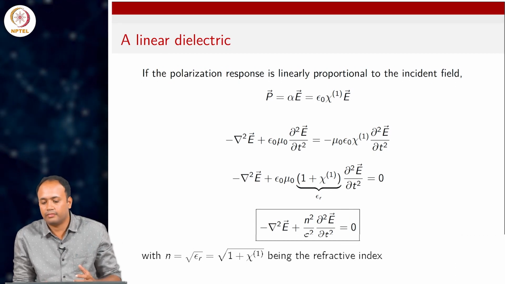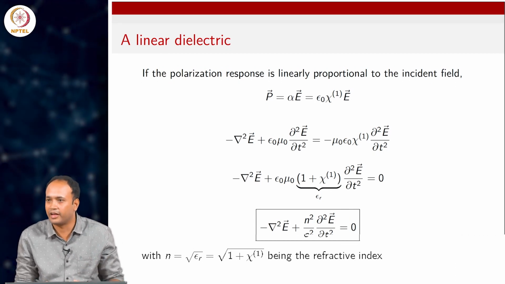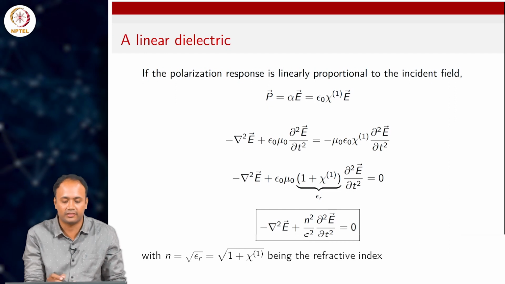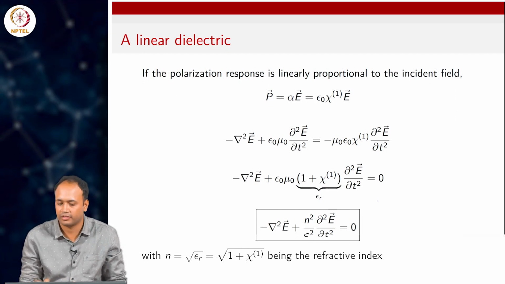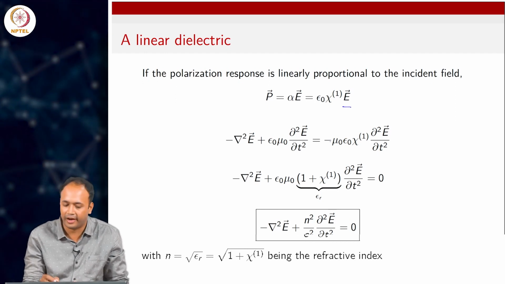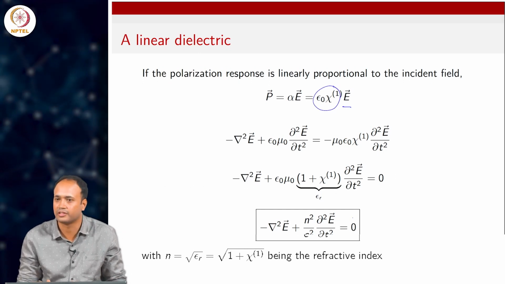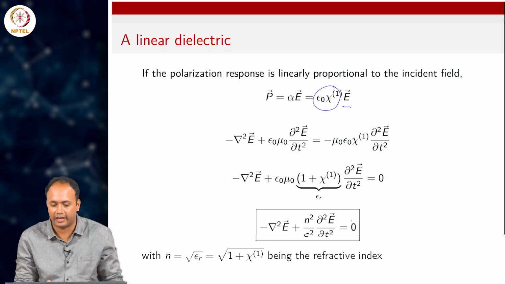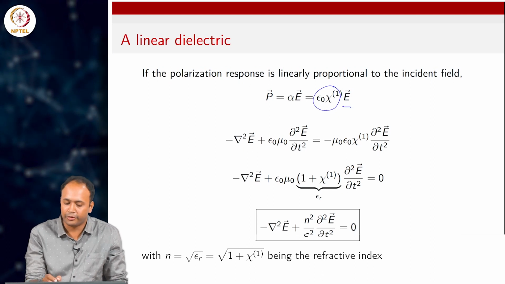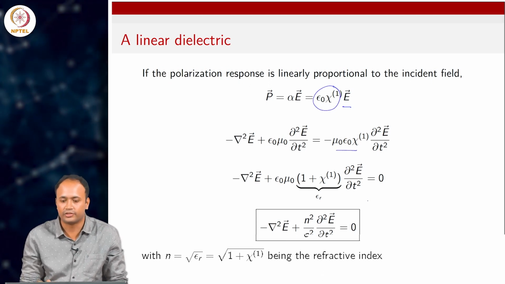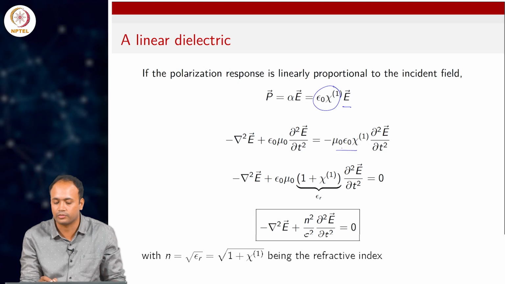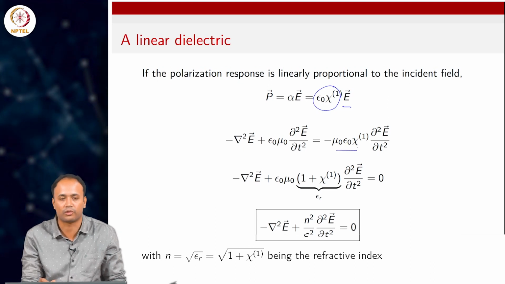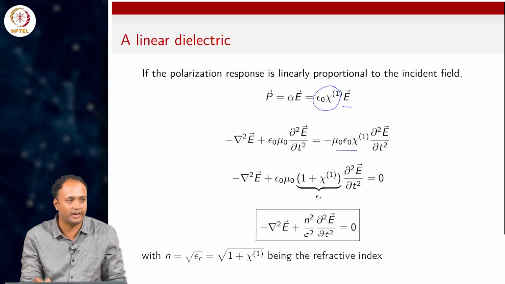Now in most elementary electrodynamics courses, what you approximate is that this polarization is proportional to E, and you have some proportionality constant which is epsilon naught times a susceptibility term. Now you substitute this here, instead of del square P by del t square you get mu naught epsilon naught chi 1 del square E by del t square.